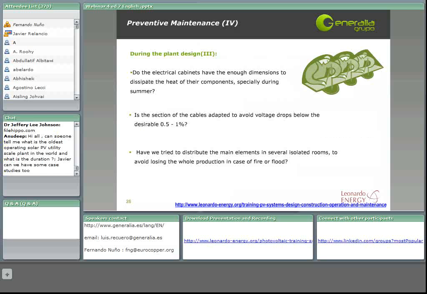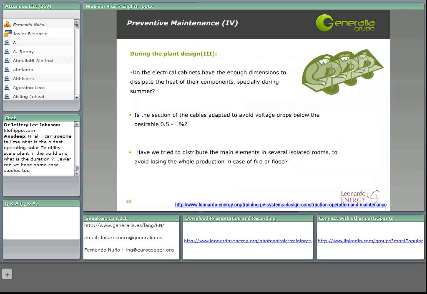Then, eighth, we have to check that all the electrical cabinets have dimensions and sizes enough to dissipate all the heat that may be produced because of the devices inside them. And we have to check all these conditions, especially during the summer in the north hemisphere and during the winter in the south hemisphere.